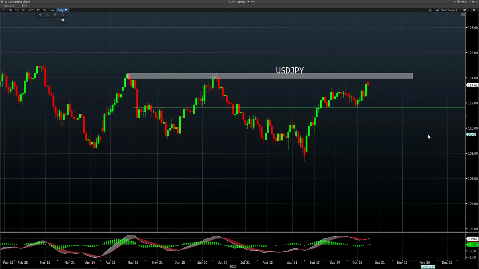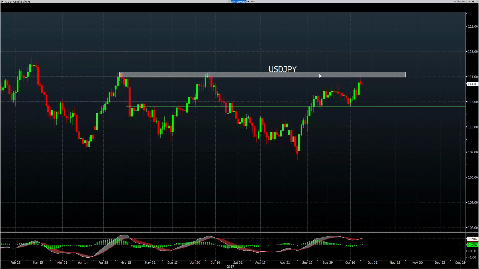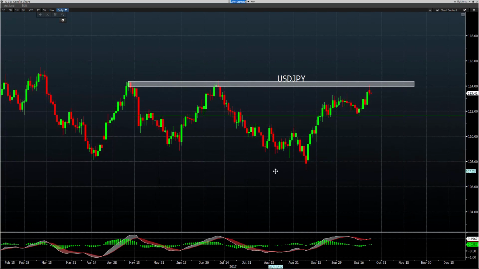So think about how I come up with this and what really happened. This is a daily chart of dollar yen, and you can see this takes us back to this spring, April, May, July. It's not a massive wide spread from top to bottom, but this is the zone: 113.96 to 114.37, about a 40-tick area.